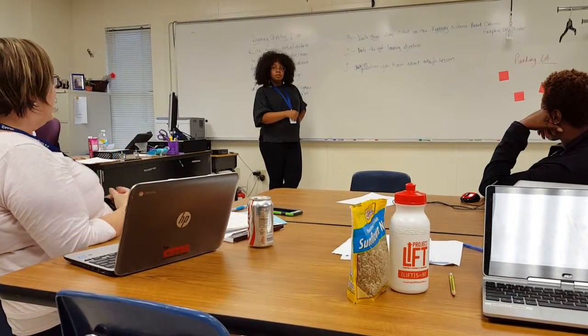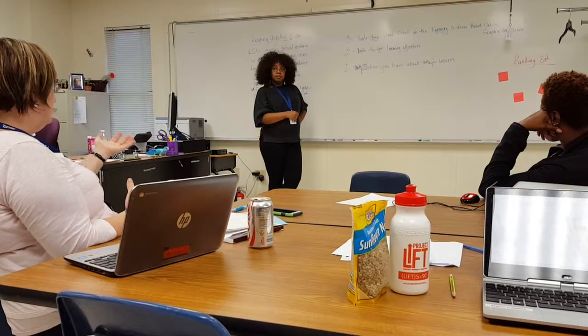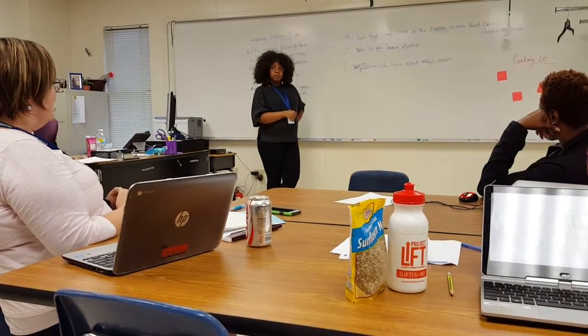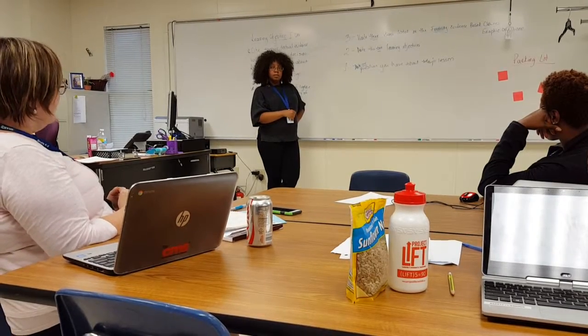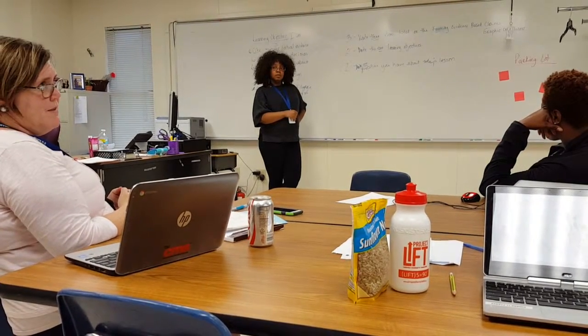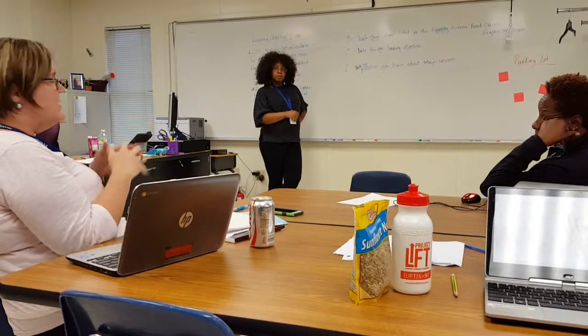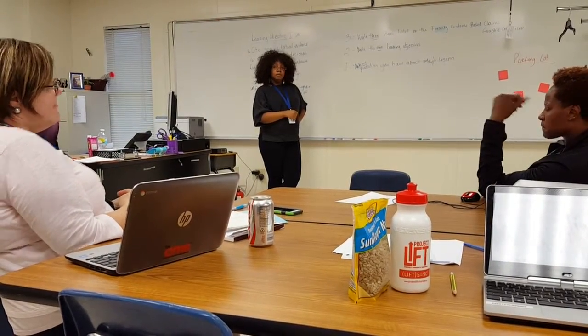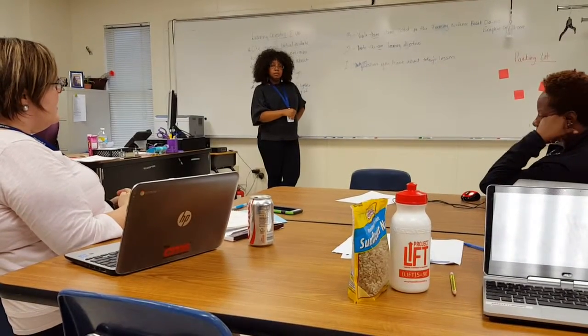They can tell you something about Lyddie. They might be able to cite evidence, but they may not be able to tell you how to cite evidence. And I don't think that's just for EC kids. Yeah.